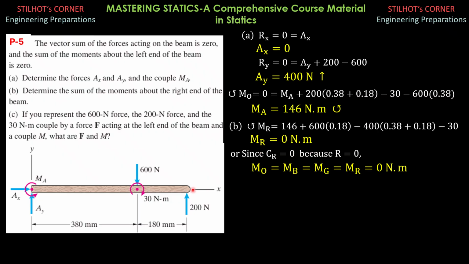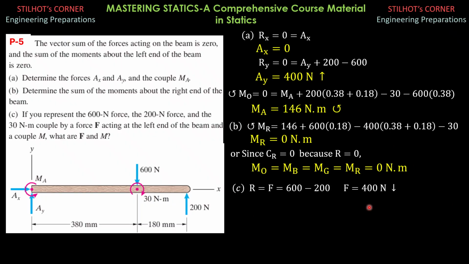So any point on the beam you choose, the sum of moments is also 0 because the resultant is 0. Then R would be equal to F and it is 600 minus 200, this time downward as positive. So F is 400 newtons downward. That's the force, and in vector form, that's negative 400 J newtons.